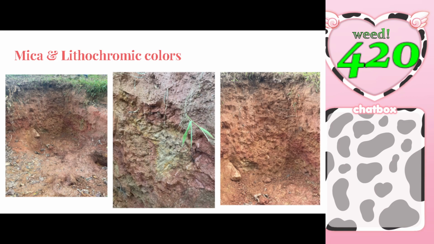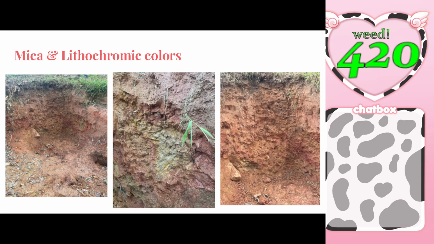One of the big reasons we knew this was a lithochromic color is that you don't get perched water tables like this. You need water saturating the soil for long periods of time to get the gray colors. This looks like a boomerang. I can't think of anything off the top of my head that would keep water saturating the soil in this perfect boomerang shape for long periods of time to turn it that gray color.